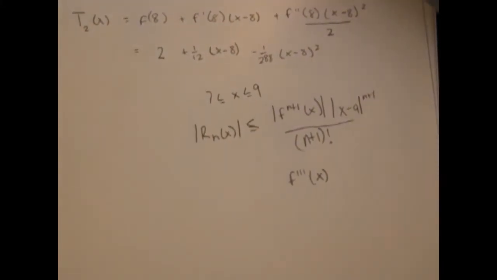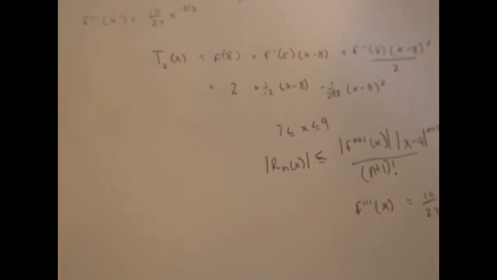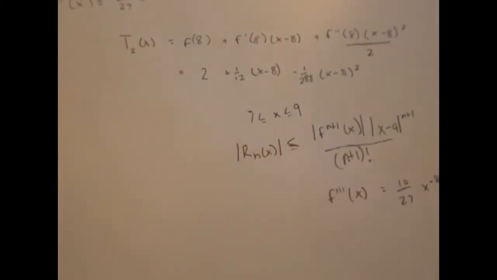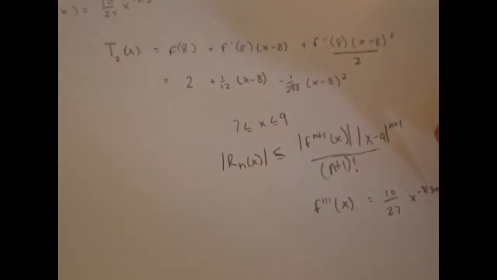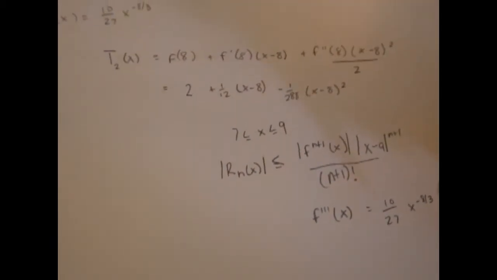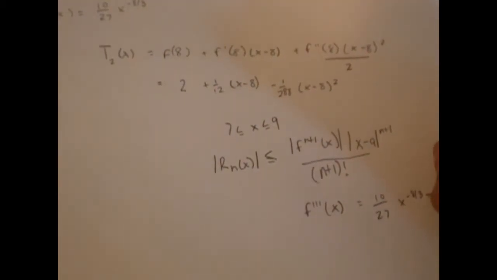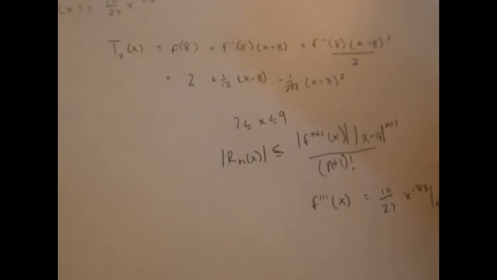Our third derivative of f of x equals 10 over 27 times x to the negative 8 over 3. If we want to maximize something that is to a negative power, we're actually going to use the smaller number, because the smaller number gives us a larger number overall, since the denominator is smaller. So we're going to use this when x equals 7.